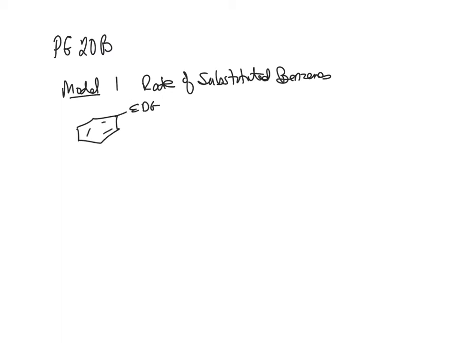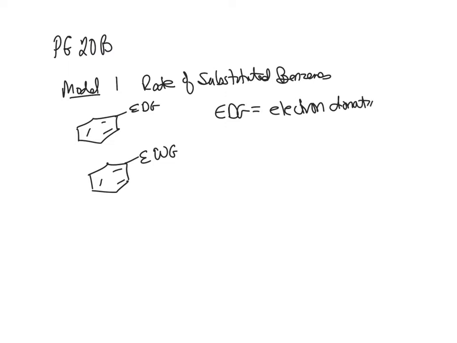EDG. And then we have EWG. So what is EDG? This is electron donating group. And EWG is electron withdrawing group.